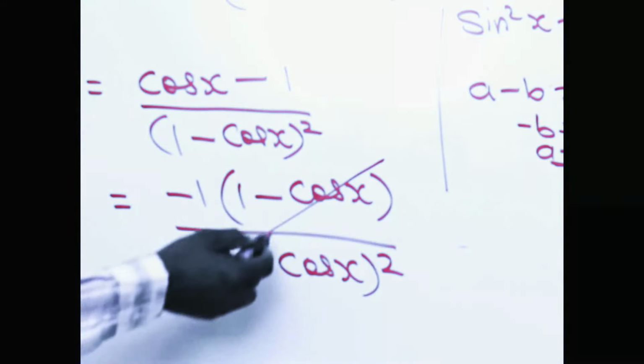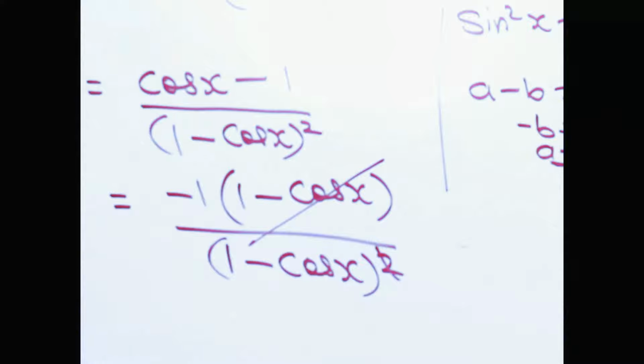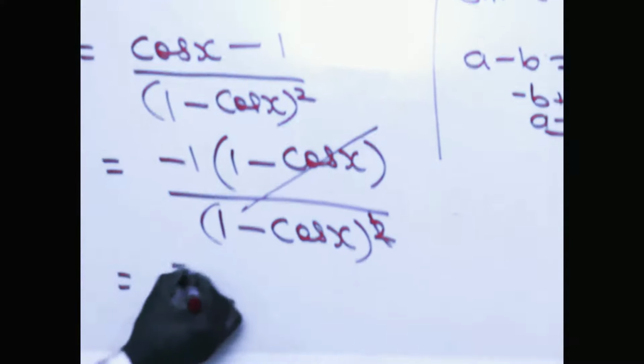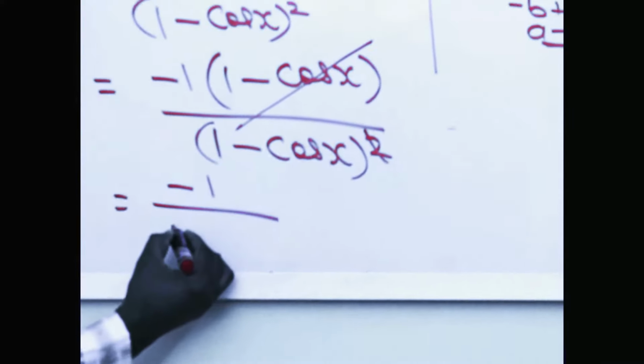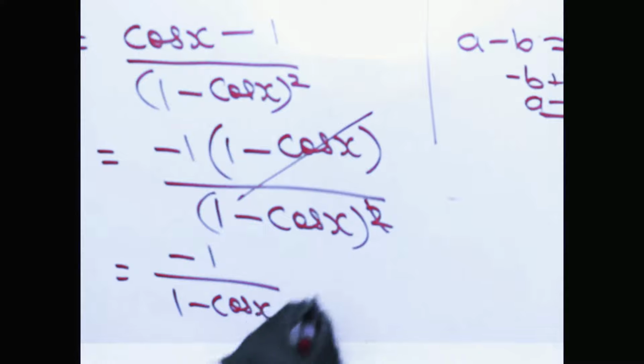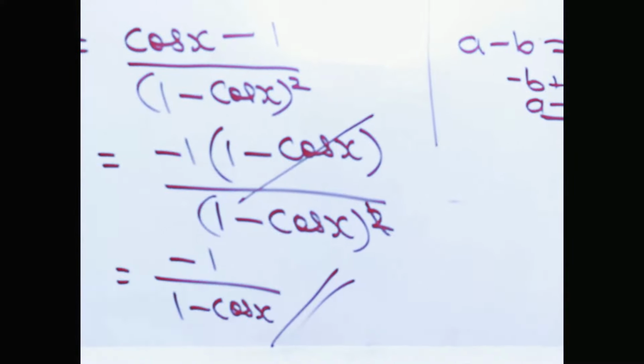Now we can cancel 1 minus cosine x, and the final answer is minus 1 divided by 1 minus cosine x. Thank you.